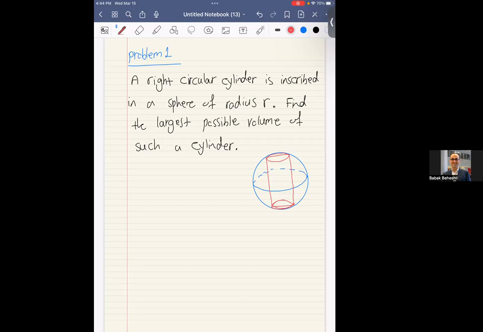The only thing we know is that the radius of the sphere is given, and it's equal to r.